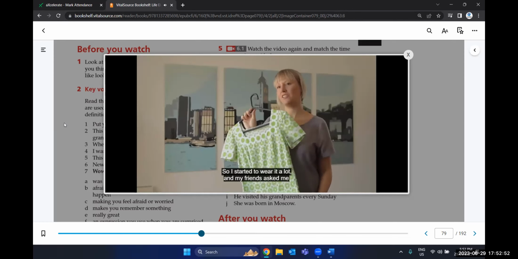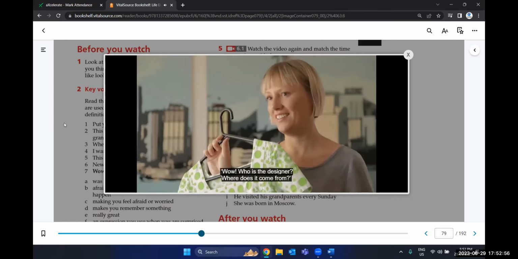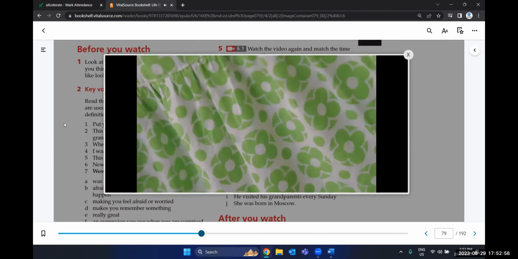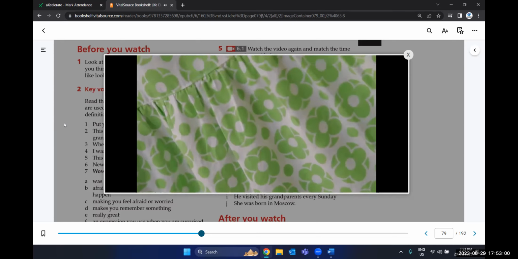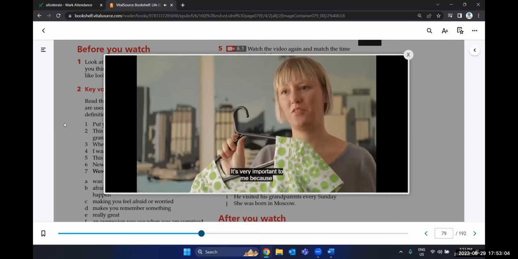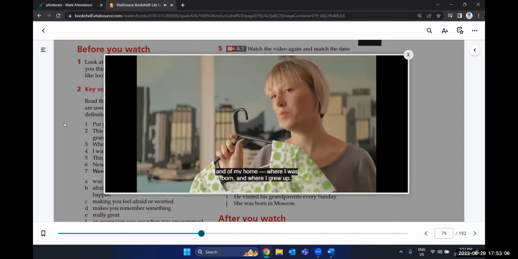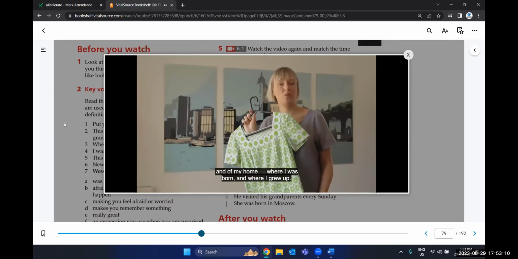So I started to wear it a lot, and my friend asked me, wow, who's the designer, where does it come from? It's very important to me because it reminds me of my mum, of my family, and how, where I was born, where I grew up.